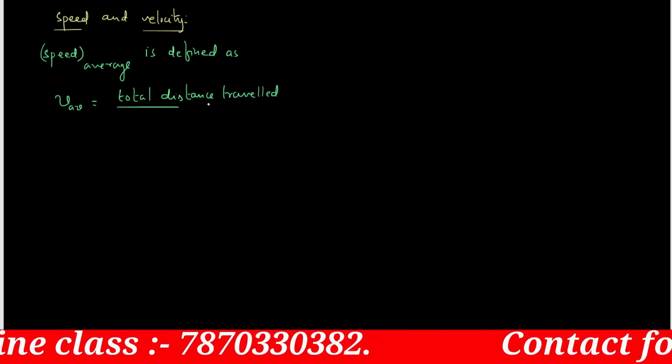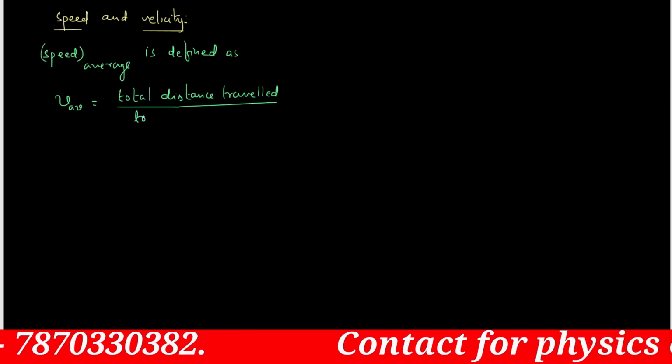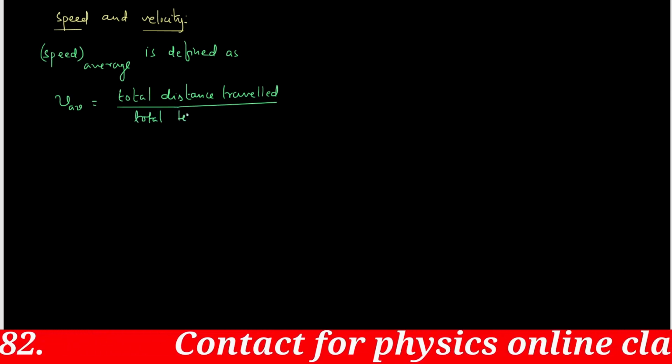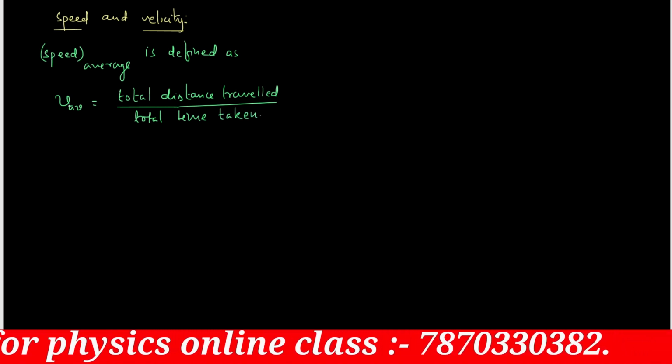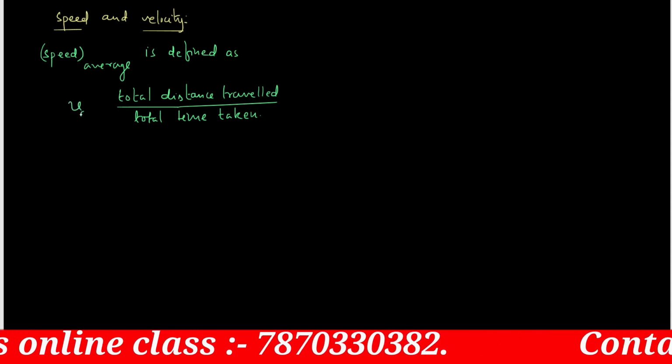Average speed is defined as V average equals total distance traveled by total time taken. This is called V average.